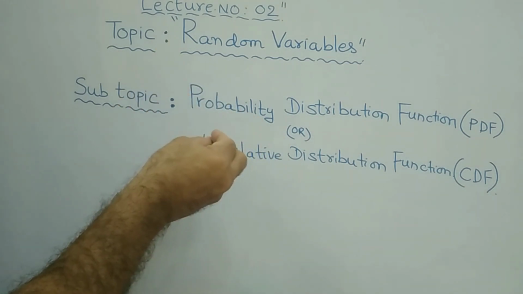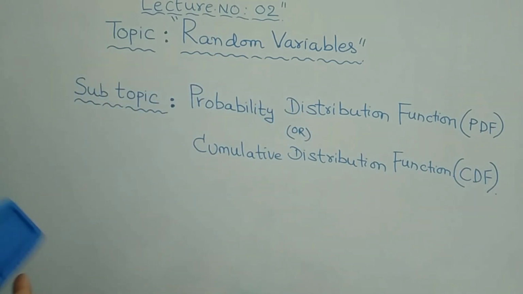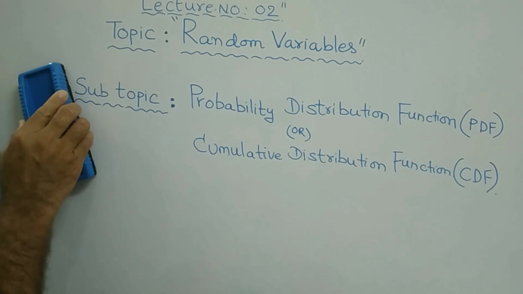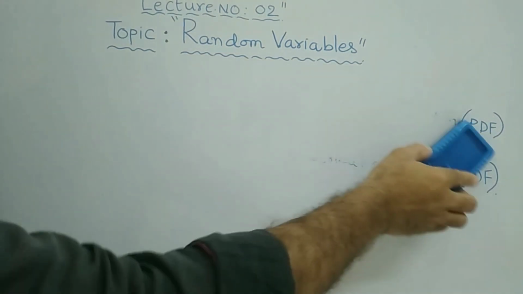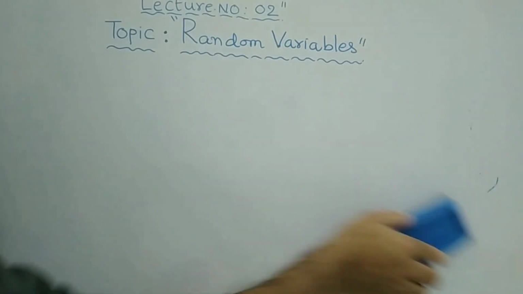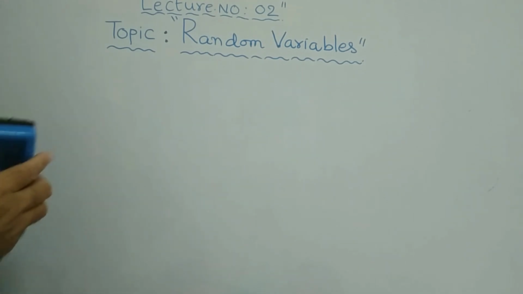Before discussing this PDF or CDF, let me give a brief review of the random variable. What is a random variable? We have already seen a definition of a random variable in the last presentation.